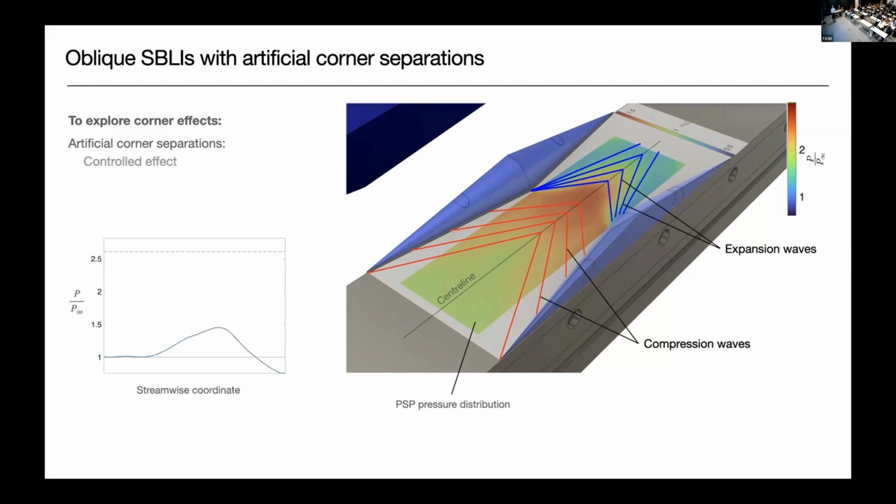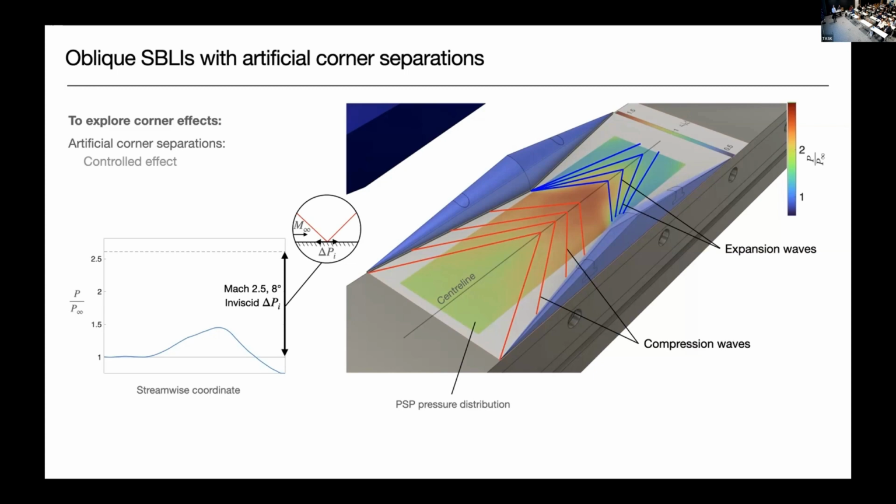If we look at the centerline pressure distribution, so plotting pressure versus streamwise coordinates, we see that we first get this gentle pressure rise through these compression waves, and then we get a pressure drop through the expansion waves. To give a sense of scale of how strong these corner waves are, that is the pressure rise for the reflecting interaction.